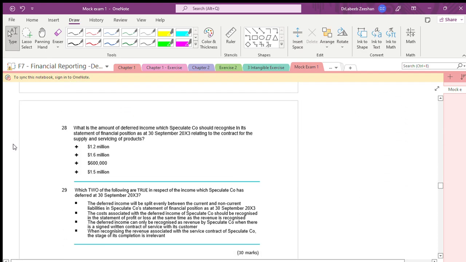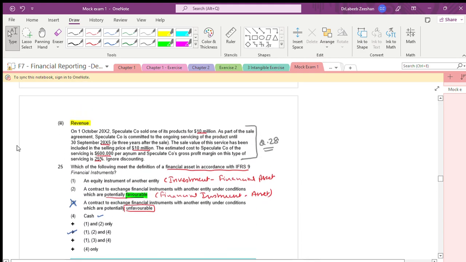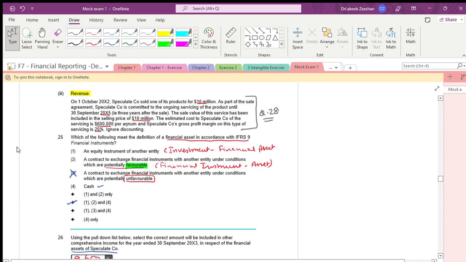What is the question? What amount of deferred income should be recognized in its statement of financial position as of 30th September 2003 for the contract of supply of products and service?